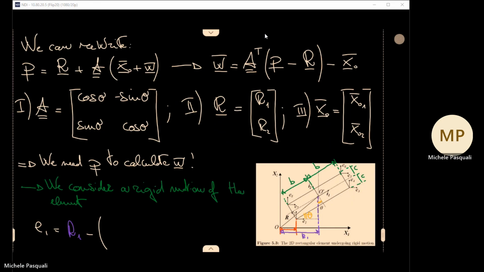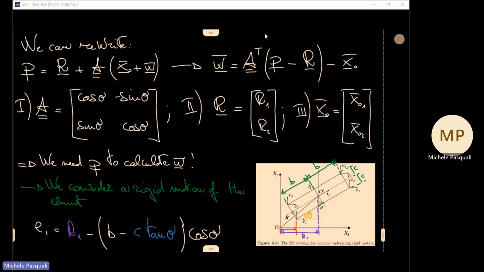Okay? So I would call this minus B minus C, the tangent of the angle theta, all multiplied by the cosine of theta. Okay? So basically, if you write it like this, C, the tangent of theta, is this part here.